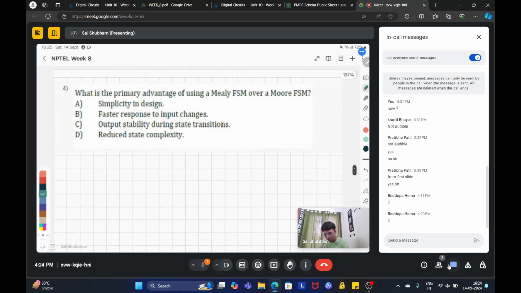So the next question is, what is the primary advantage of using a Mealy FSM over a Moore FSM? So we have options: simplicity in design, faster response to input changes, output stability, and reduced state complexity.